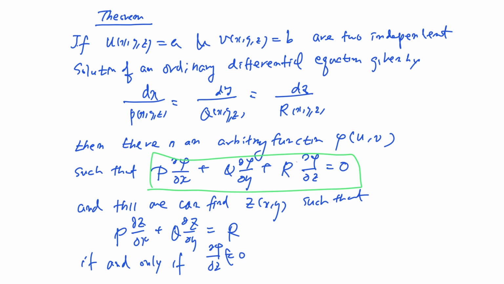The theorem says that if there is a solution u and v from this differential equation, then we obtain this is 0, right? So we proved half of the theorem.